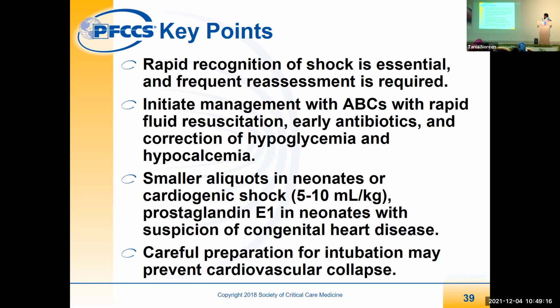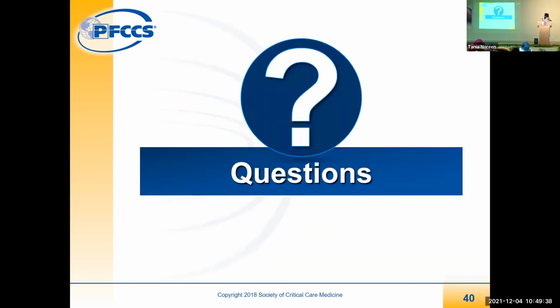If we suspect duct-dependent lesions, or the patient is in cardiogenic shock, then smaller fluid boluses are important rather than bigger ones. And prostaglandin needs to be used wherever indicated. Intubation needs to be planned carefully in hemodynamically compromised patients. Okay. Thank you very much.